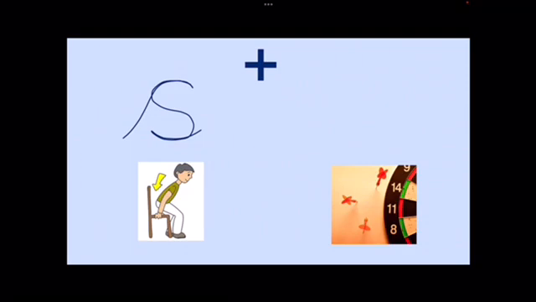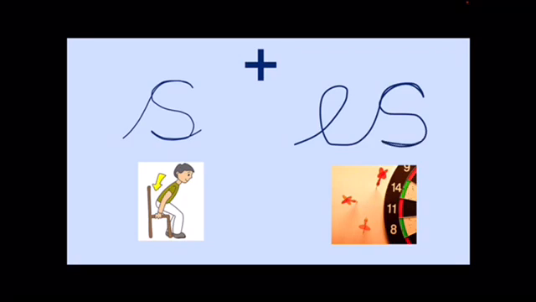If he sits, we add suffix S. But if the dart misses the board, miss ends in that hissing sound, S. We add ES again, misses.